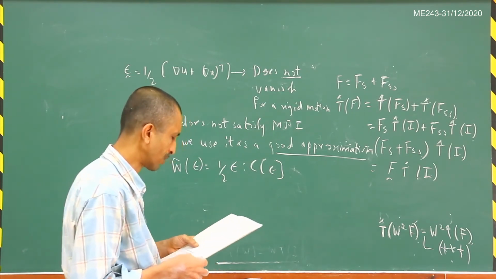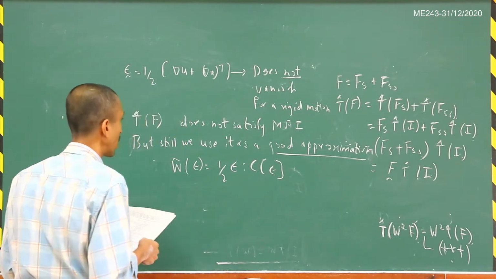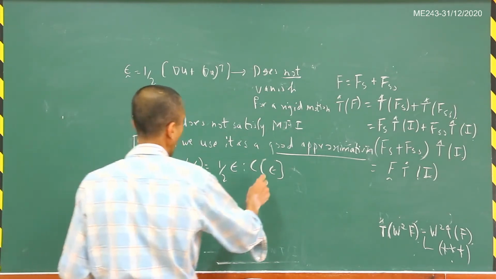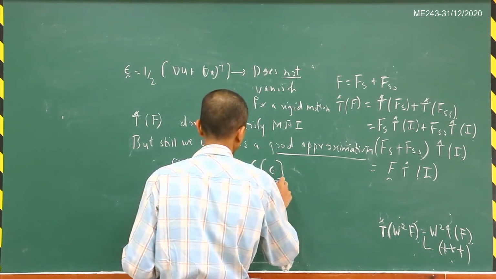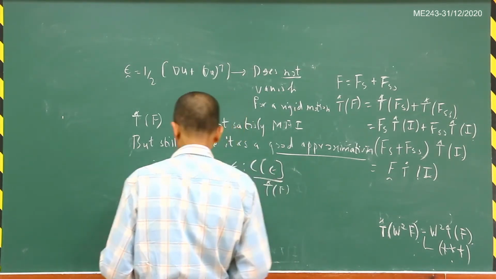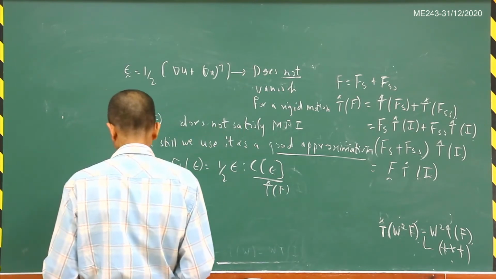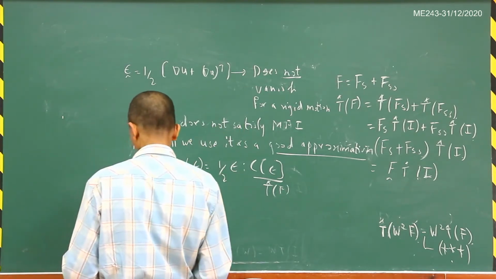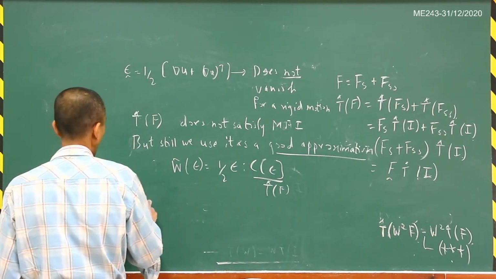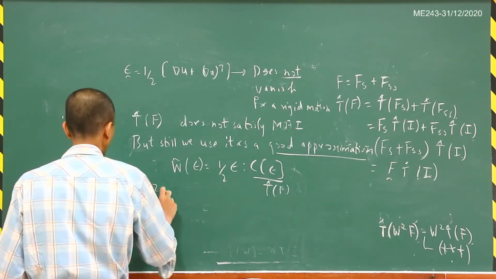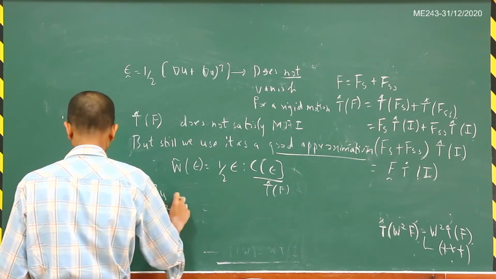So if you substitute the constitutive relation, so this is T hat of epsilon, T hat of F, is this C times epsilon. So if you substitute now the strain displacement and all these relations into the balance of linear momentum, then you will get the Navier equations of elasticity.